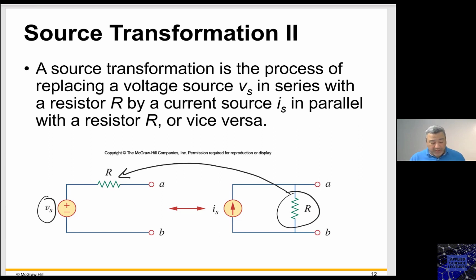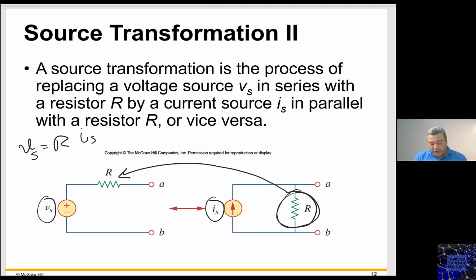Now, something to keep in mind, the relationship here is Vs equals R Is. So let's assume you have Is and R in this current source topology, and you want to transform it to a voltage source.